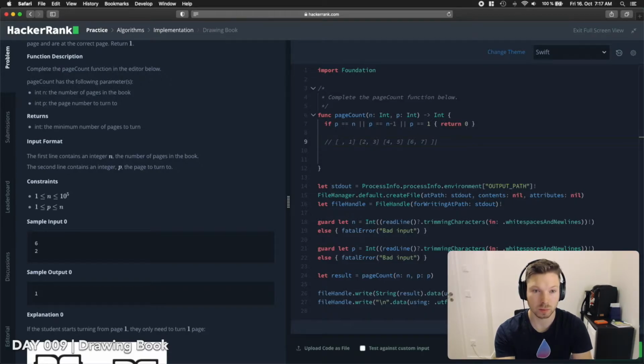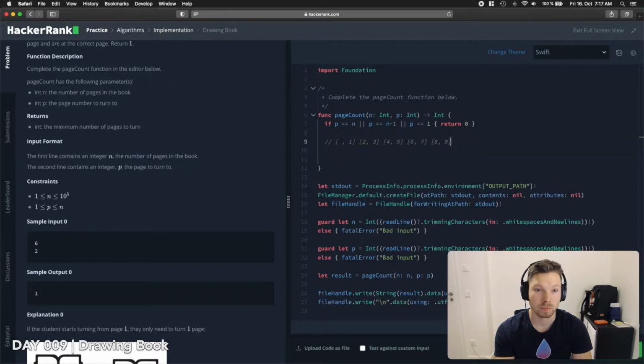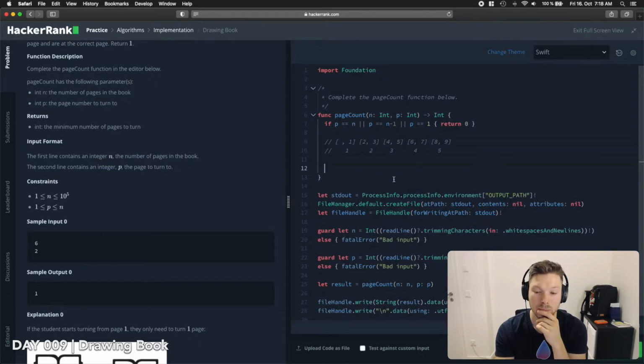If we say this is, for example, 1, 2, 3, 4, 5 pages long, and P, for example, is 3, that would be 2.5, and we would have to turn 2 pages from here, 2 pages from there too.